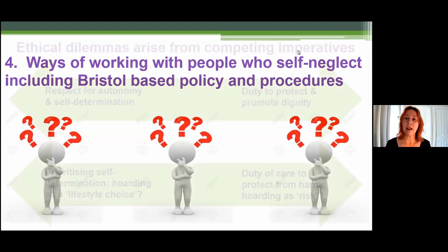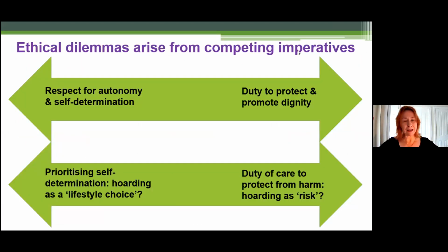So this diagram shows us that there are ends of the spectrum and a continuum. Respect for autonomy and self-determination, so very much a hands-off approach. I still hear, well, they've got capacity, there's nothing we can do. Very hands-off, almost gatekeeping, prioritising self-determination, seeing hoarding as a lifestyle choice.